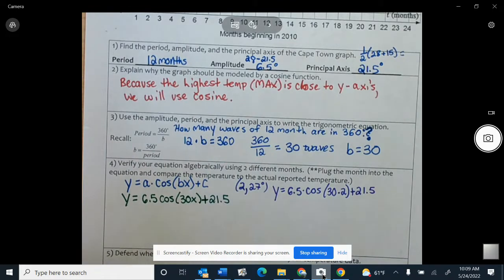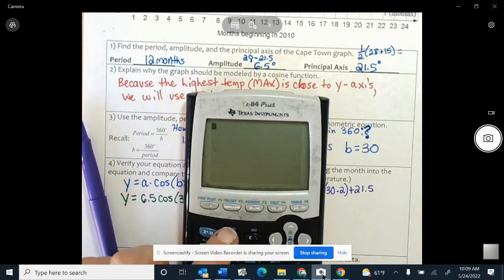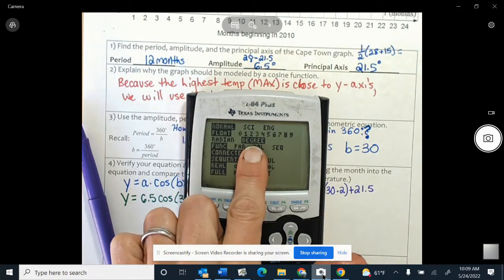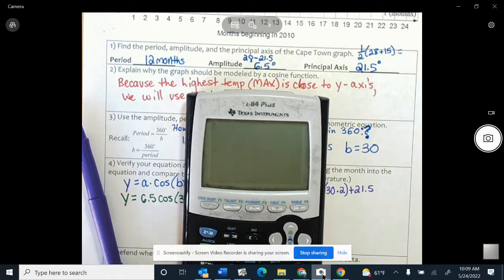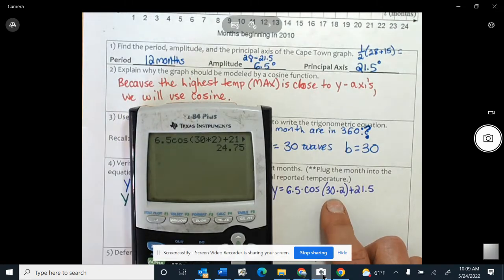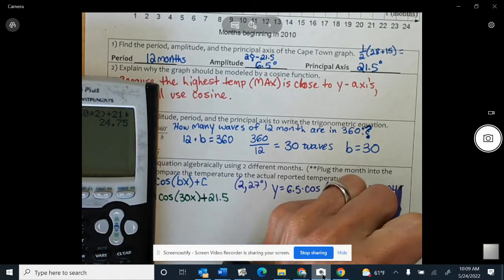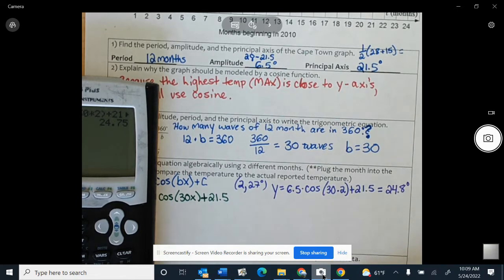Let me show you that calculation. First of all, mode: make sure you can see degrees. Then I'm going to type in the calculation: 6.5 cos, notice parentheses, 30 times 2, or you could have typed 60, and then plus 21.5. And we get 24.75, 24.8 if we rounded to 3 sig figs.